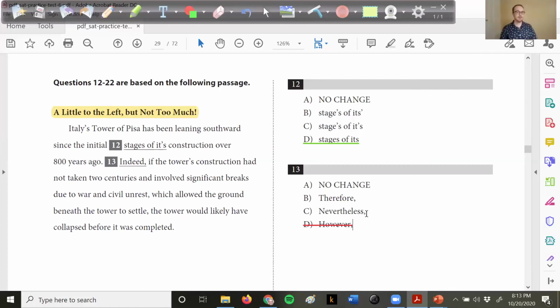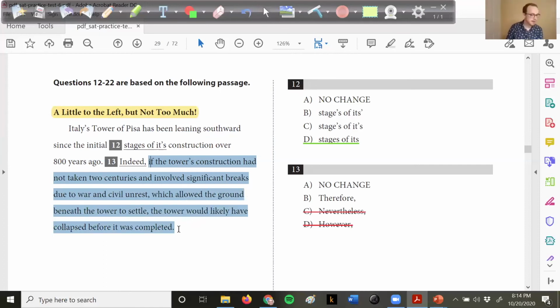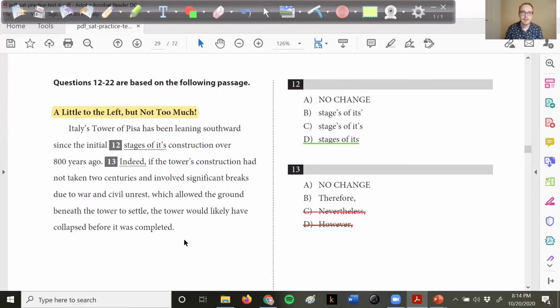Nevertheless is another sort of contradictor. And if I have 2 options that mean the exact same thing on these transitional phrases, guess what? They're both wrong. Therefore would mean that what had come before the transition caused what comes after it. Now, you might be tempted to say that it's been leaning southward since the initial stages of its construction, and therefore, if this had not happened, it would have fallen.